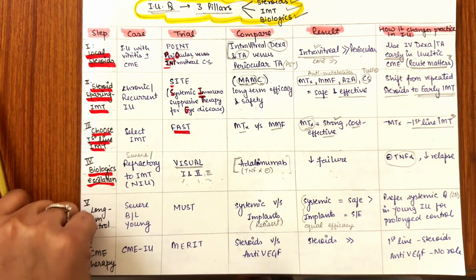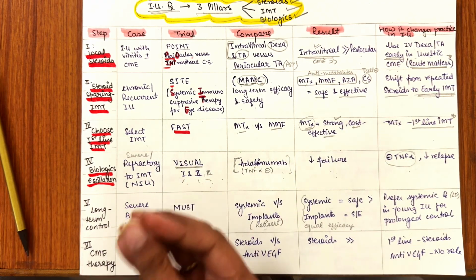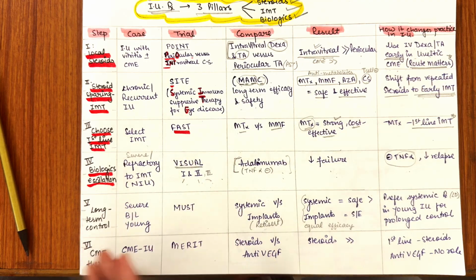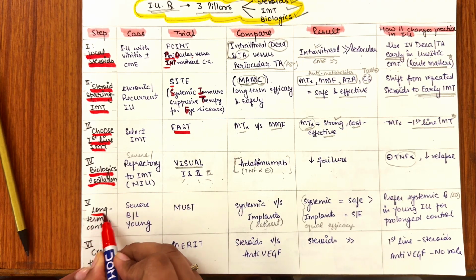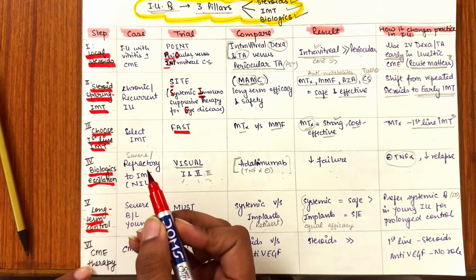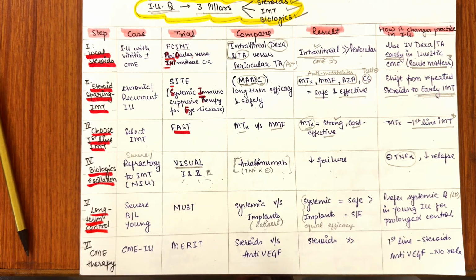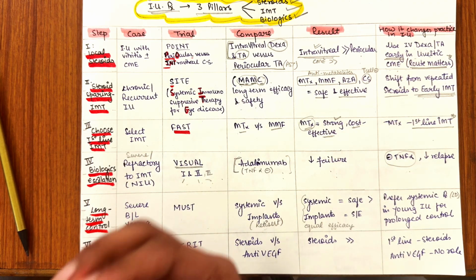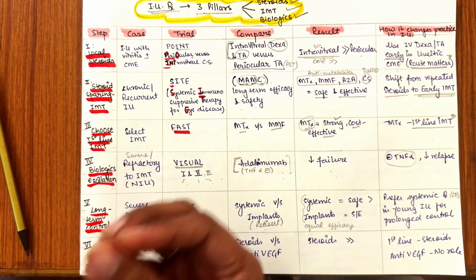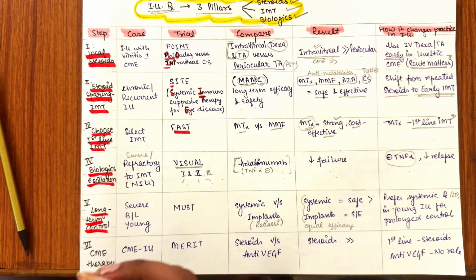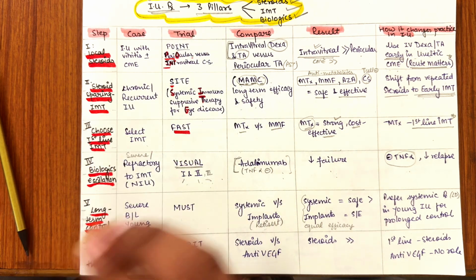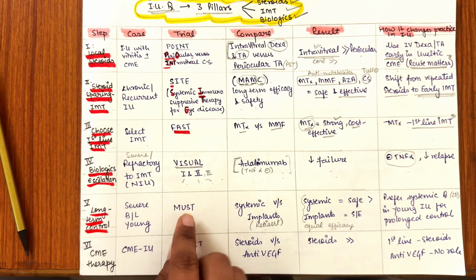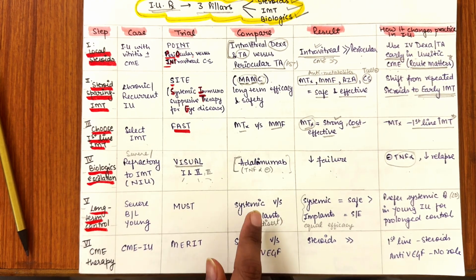Now suppose the disease is severe, bilateral and in young cases, and you want to achieve long-term control for the patient. You cannot keep on giving intravitreal injections every time he comes. You need long-term control for these patients. So there was the MUST trial which compared systemic versus implants.